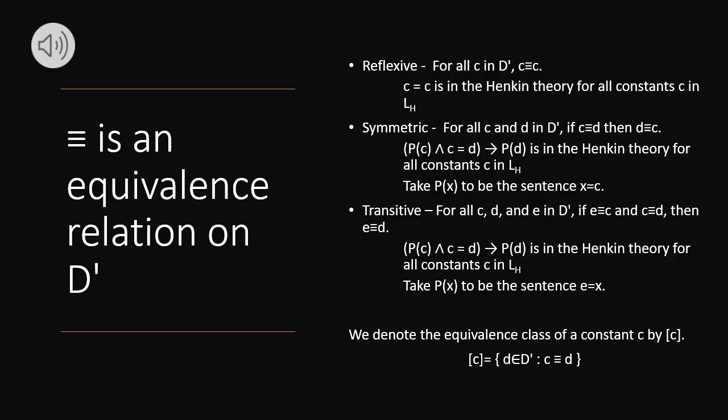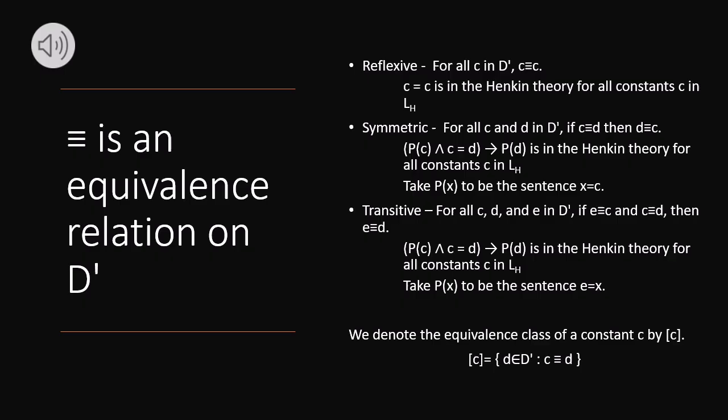We'll talk a little bit about those equivalence classes. Those will actually be the elements of our Henkin construction on our next slide. But for now, we'll focus on why it's the case that this relation that we've defined on the constant symbols is an equivalence relation. In other words, reflexive, symmetric, and transitive.